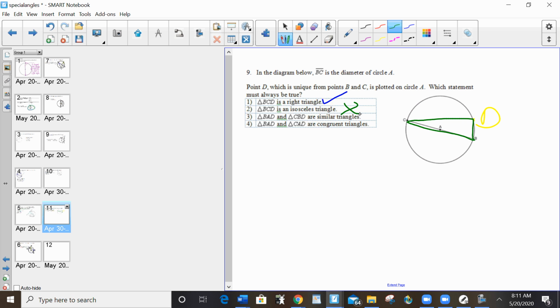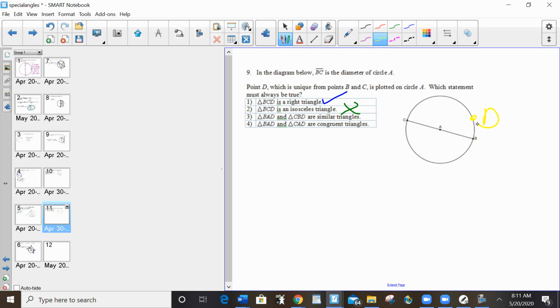No, there's no reason to believe it's isosceles. Now, if you drew D in the middle, then it might look like it's isosceles. Again, that's why I shouldn't draw it in the middle. I don't know that it's in the middle, so I want to draw it somewhere random so it doesn't appear to have properties that it actually doesn't have in reality.